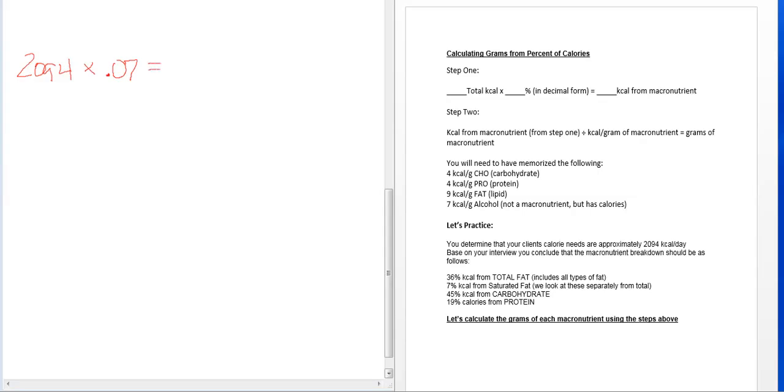So if we do that math, we come up with 146.58 calories. We're going to leave that on our calculator and divide by 9 calories per gram, because saturated fat has the same number of calories as any other kind of fat.